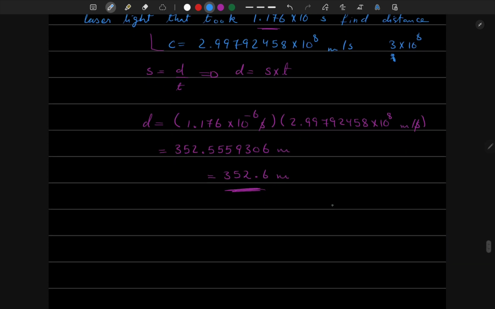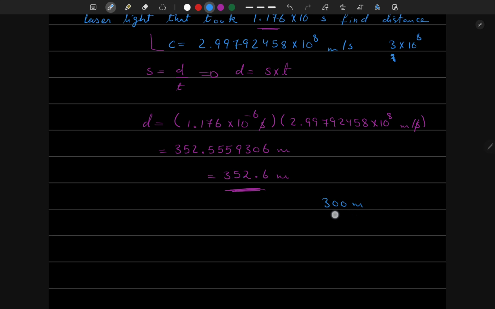So my final answer here is going to be 3 meters instead of 352.6 meters. My final answer should contain only one significant figure, which is going to be 300 meters.